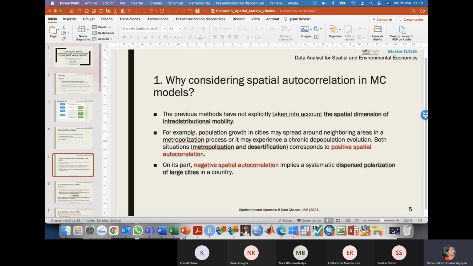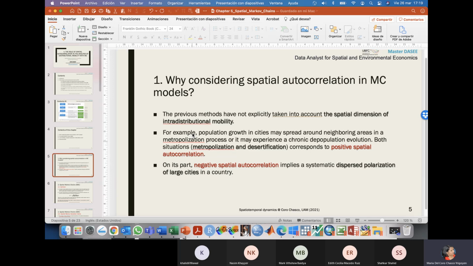As you know, cities may spread around neighboring areas, this kind of urban sprawl. This could be a metropolization process, or sometimes they experience a chronic depopulation. Sometimes it happens in places that have lost a lot of economic activity for whatever reasons, and they are slowly but surely experiencing this kind of desertification in terms of population.